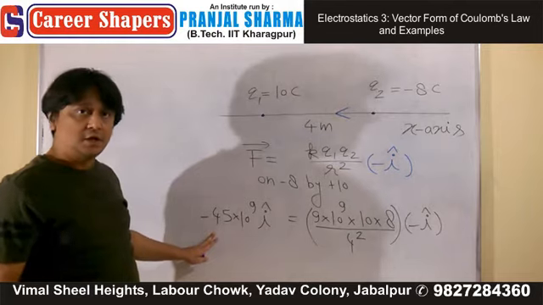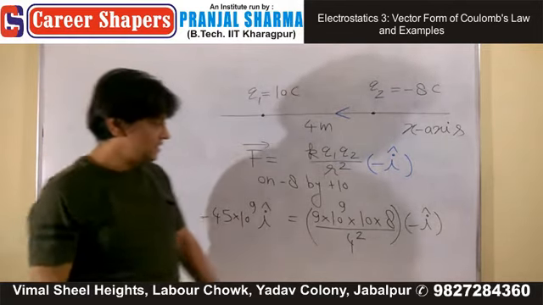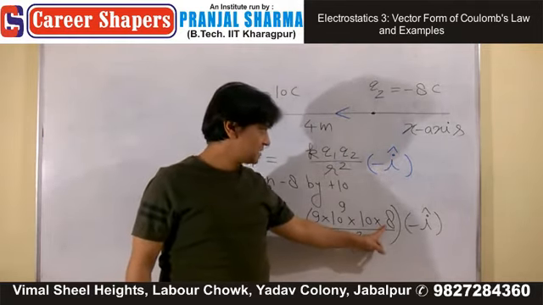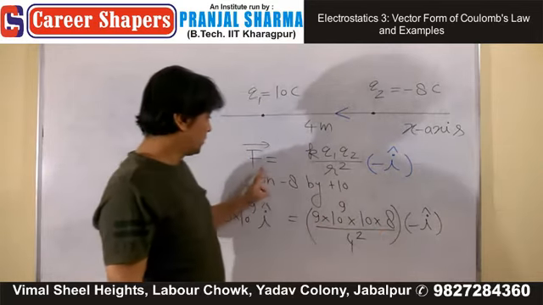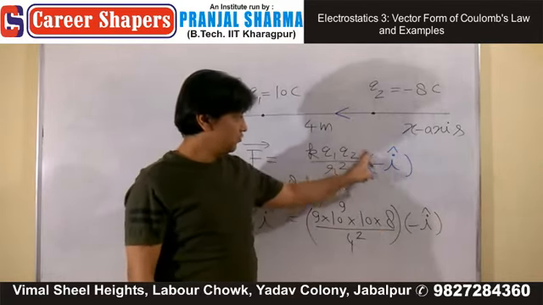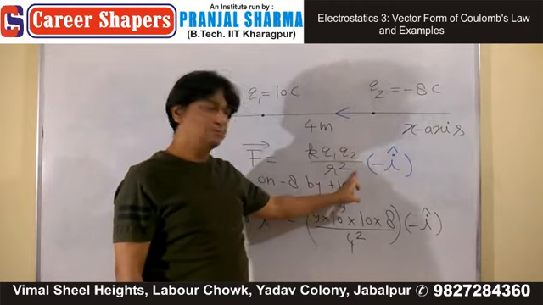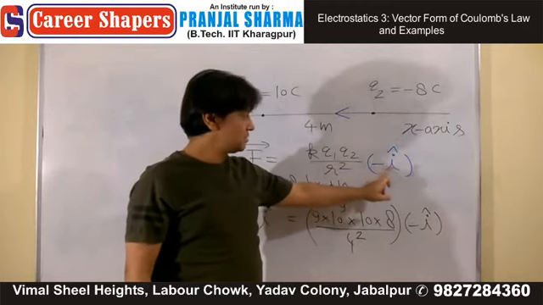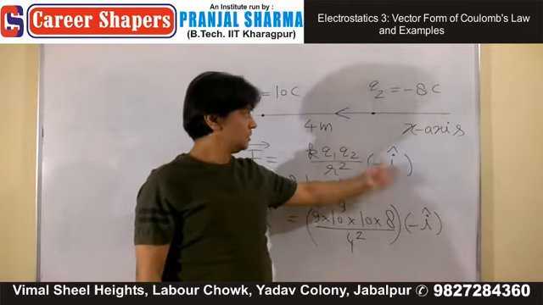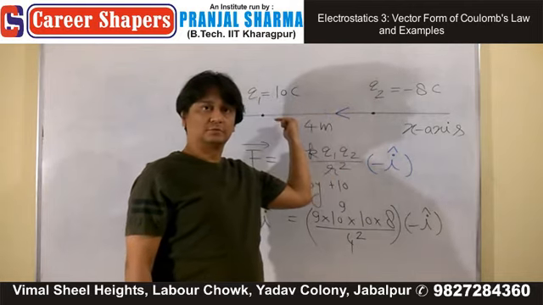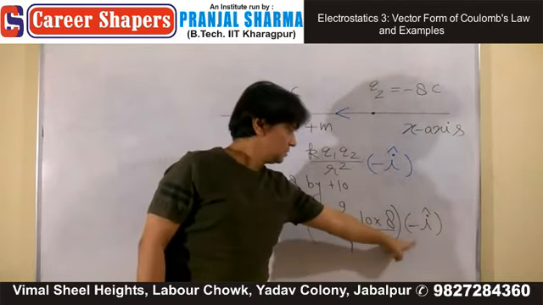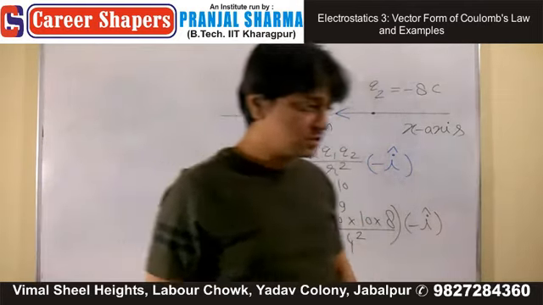Complete answer. Remember what I said, you will not use a negative sign in the magnitude, because when you write force, first you write the magnitude, then you write the direction. This is the direction.